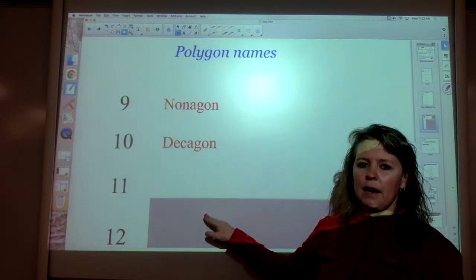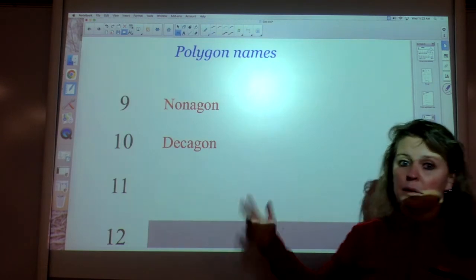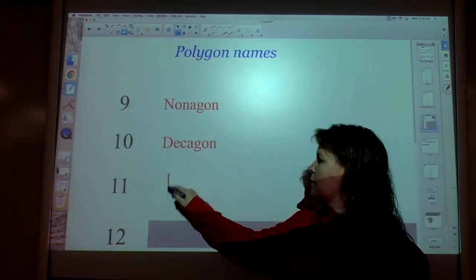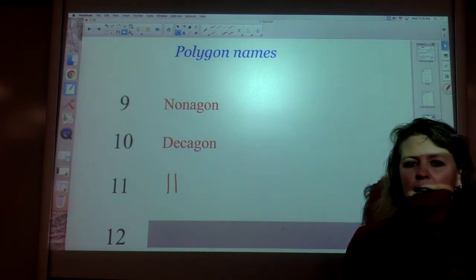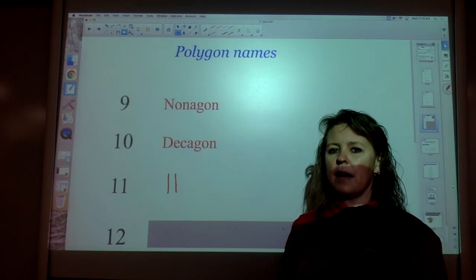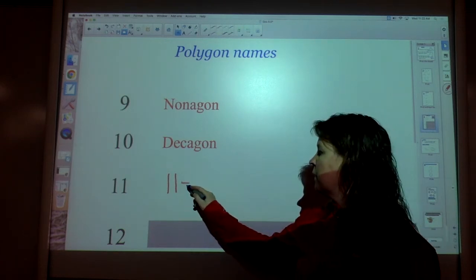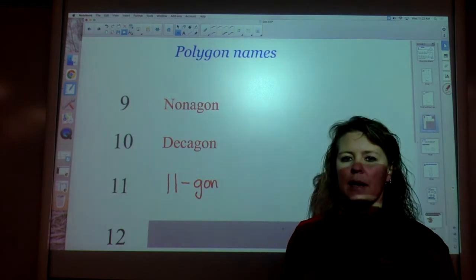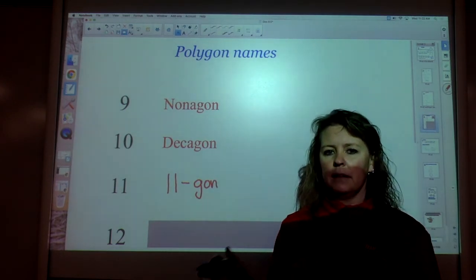11 does not have a name. Somebody skipped 11, poor 11. But the way that you write the name of a figure that does not have its own name is 11 with a hyphen, gon. It's called an 11-gon.